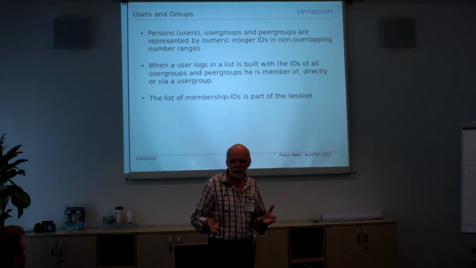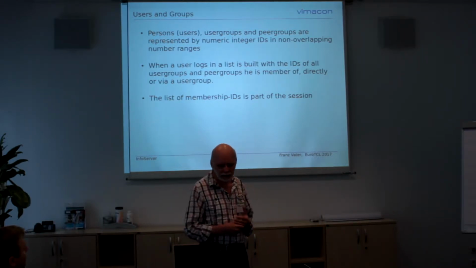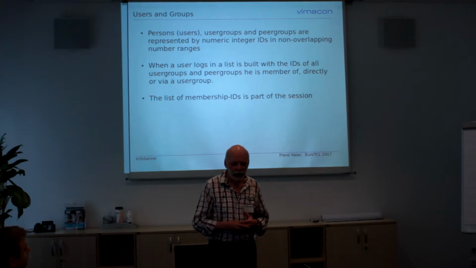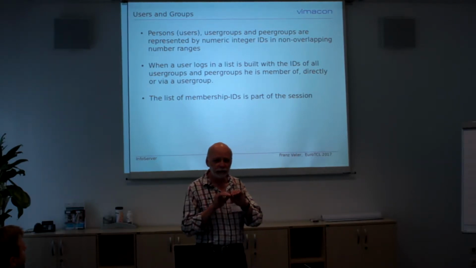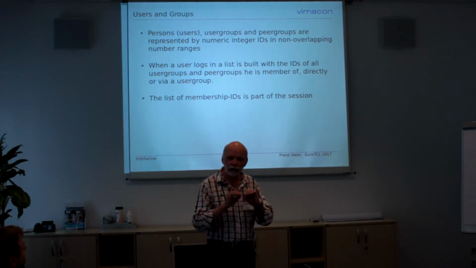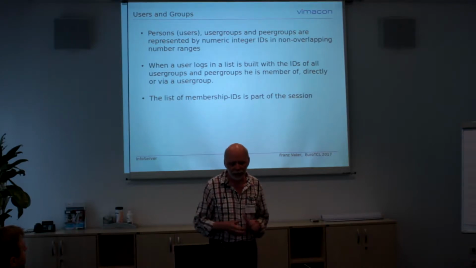Persons, user groups, and peer groups are represented by numeric integer IDs in non-overlapping number ranges. That means from the view of the server, there's no difference between a person or a peer group. It's just a number.